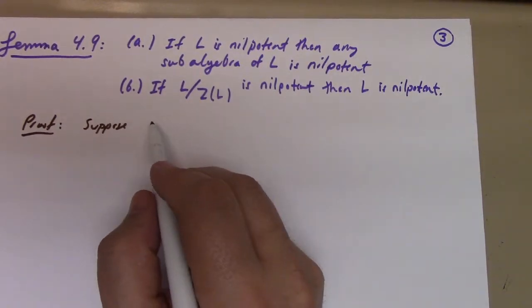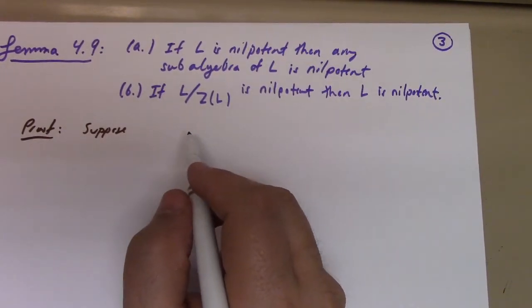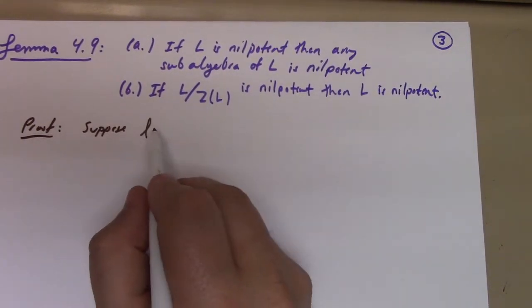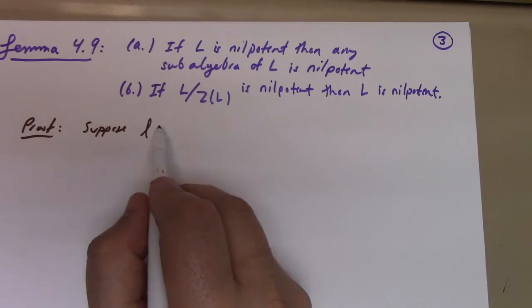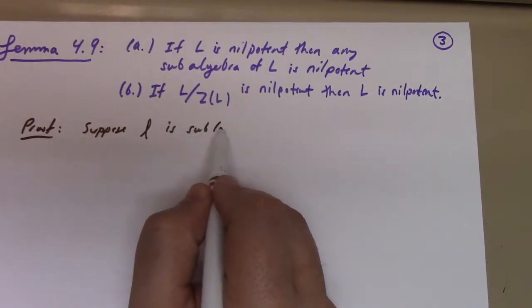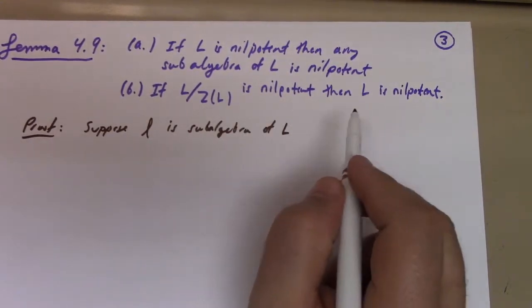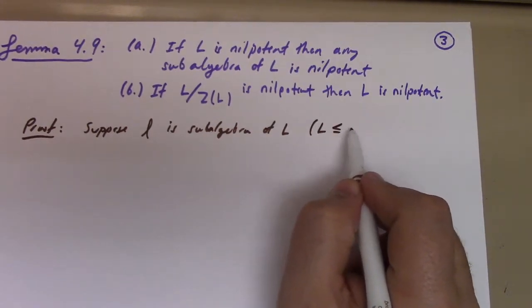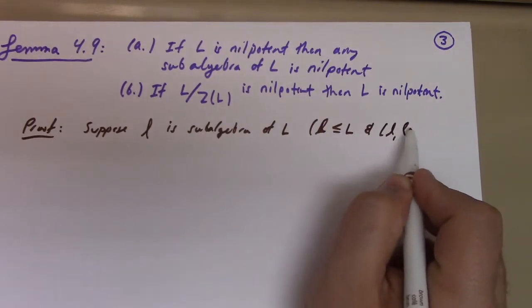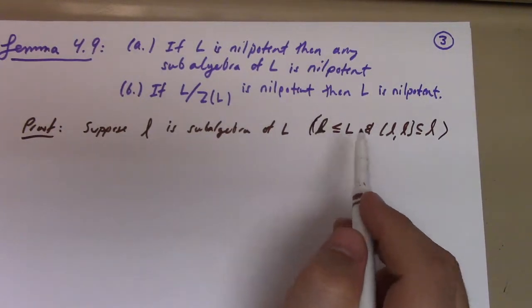Let's let curly L be a subalgebra. So suppose curly L is a subalgebra of L, which means that curly L is a subspace of L, and the bracket of curly L and curly L is a subset of curly L. So many L's.